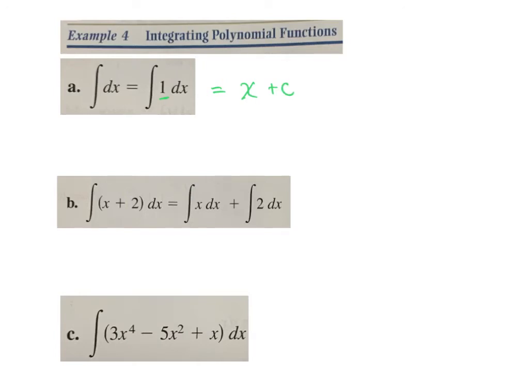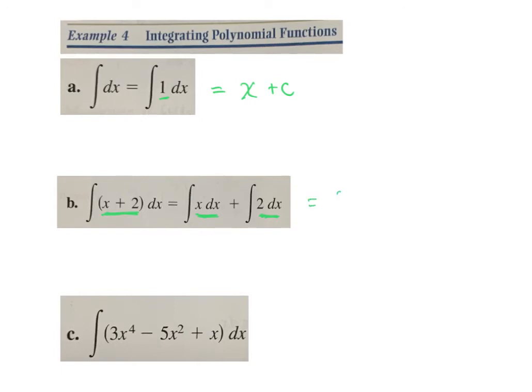All right? Then I get to like a binomial. I have a binomial here, x plus 2. I promise you will not going forward actually break it up like this every time. We're about to do one where you don't, okay? But just to show you that it can happen, you could take the integral of x and the integral of 2 and add them. Well, the integral of x, what's my exponent here on x? 1.